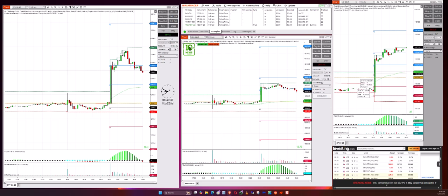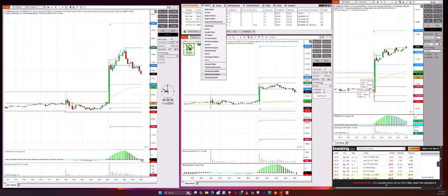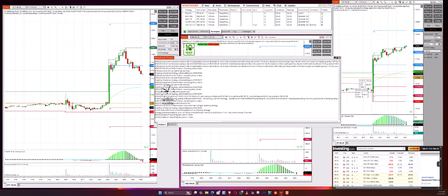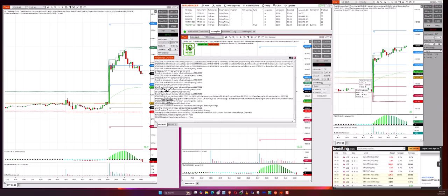Now, the other thing you want to do, everybody should do this, and we've said this previously, go to New. Make sure that your NinjaScript output is always minimized on your trade room workspace, because NinjaScript output would show you if you forgot to turn the strategy on.